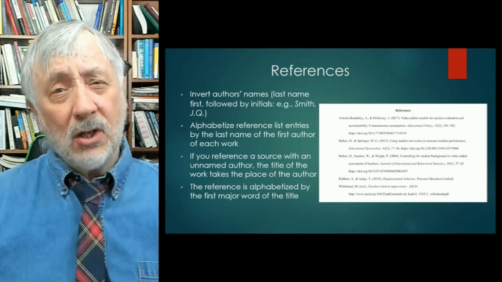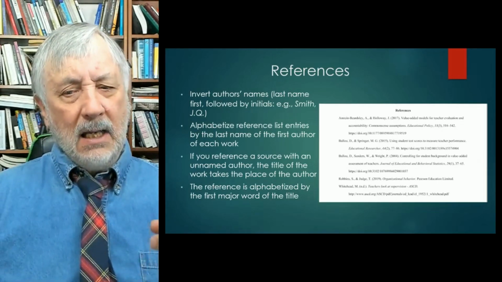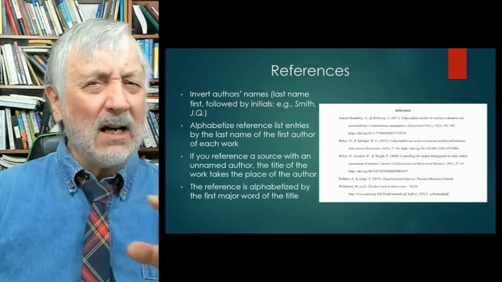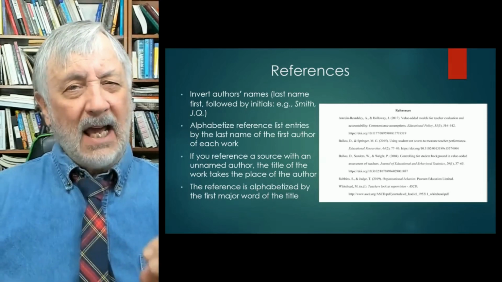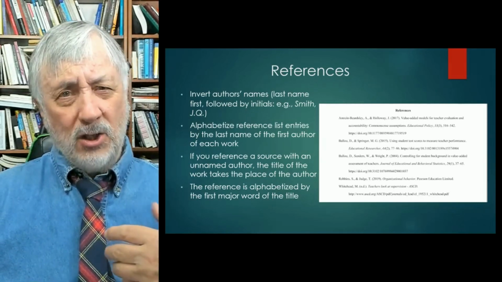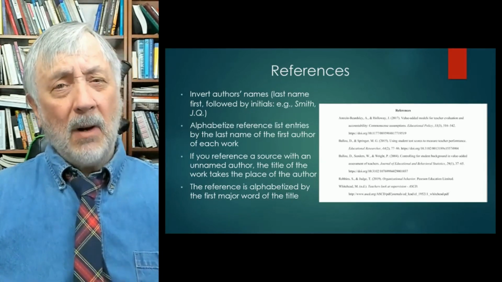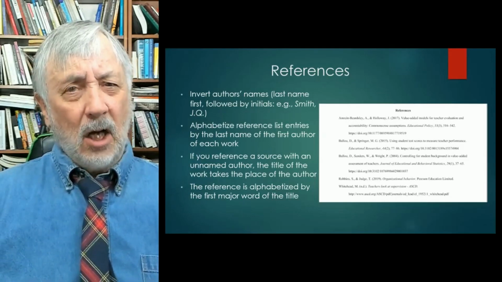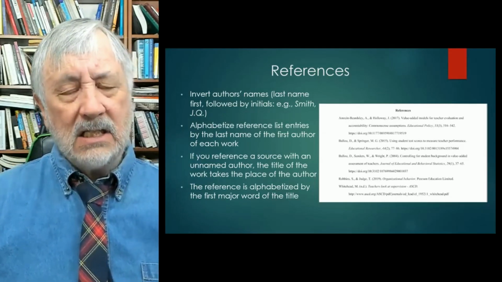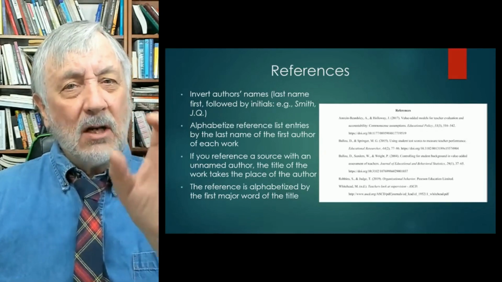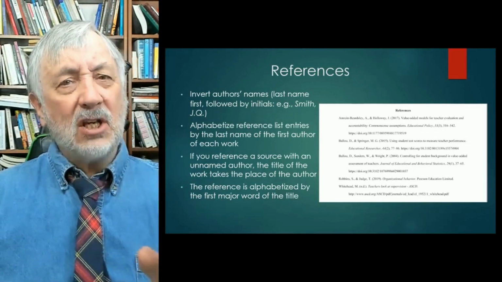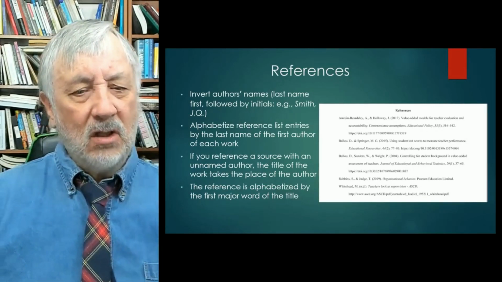Now, of course, you can also reference by what's called a corporate author, and I'll get to these again later, but that means the organization. So if you wanted to cite an article by the Center for Disease Control on COVID-19, you could use the Center for Disease Control as the corporate author, as the organizational author.